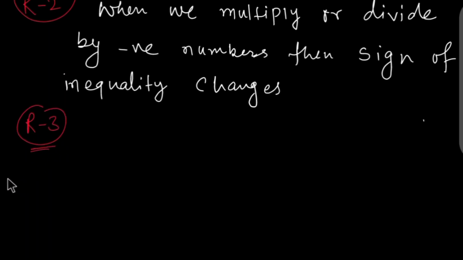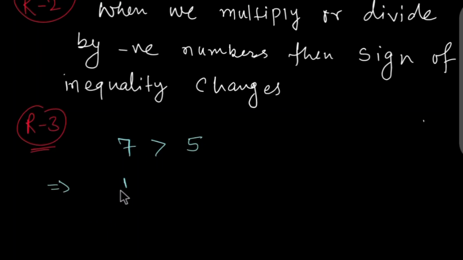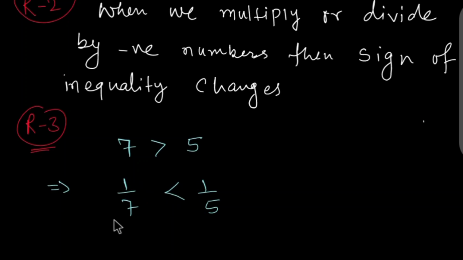This is also one important thing that you need to remember. Let's say again, 7 is greater than 5. So what is 1 by 7 and 1 by 5? Which one is greater? You will understand that 1 by 5 is greater than 1 by 7. So when we do the reciprocal of positive or negative numbers, the sign of inequations also changes.